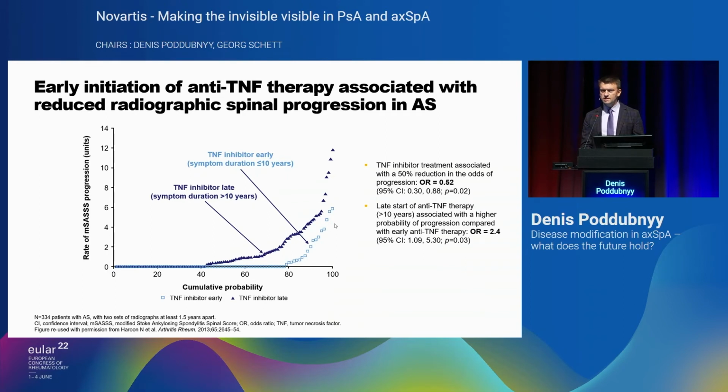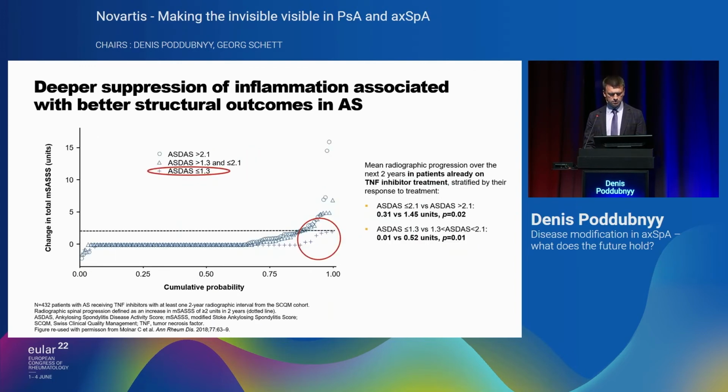There are some data showing that this is probably true. First of all, these data from North American cohort that showed that initiation of treatment within the first 10 years of symptom duration, that is not very early, but still better than afterwards, is associated with less progression as compared to late initiation of anti-TNF treatment, or probably this is true for any effective anti-inflammatory treatment.